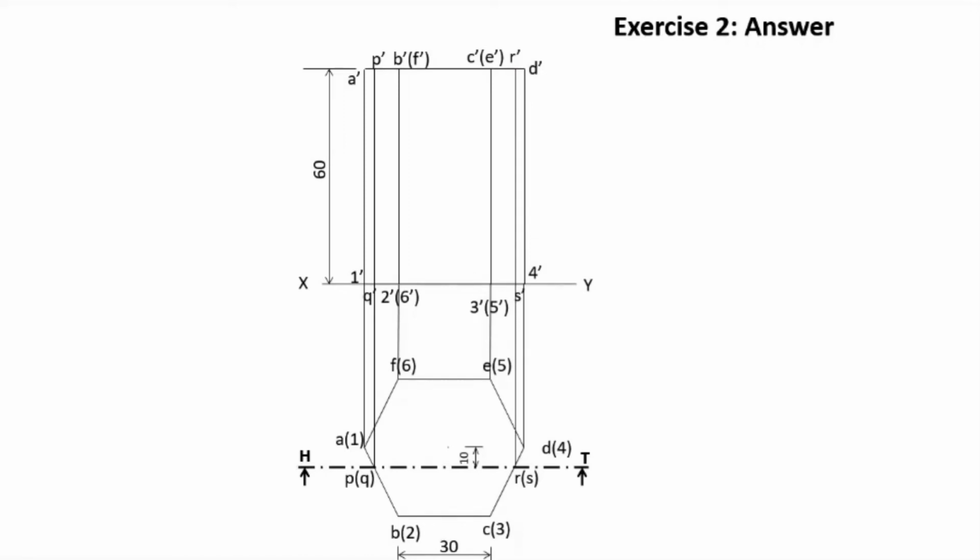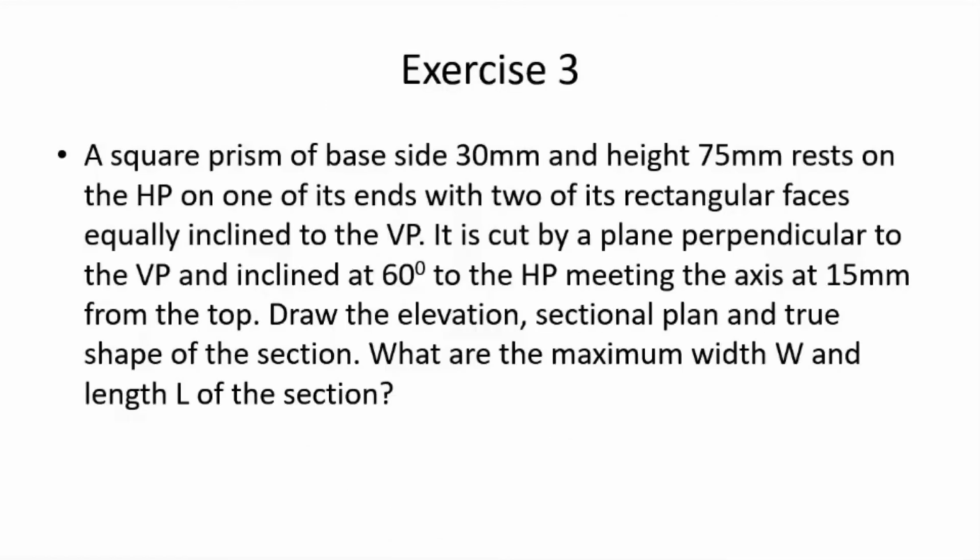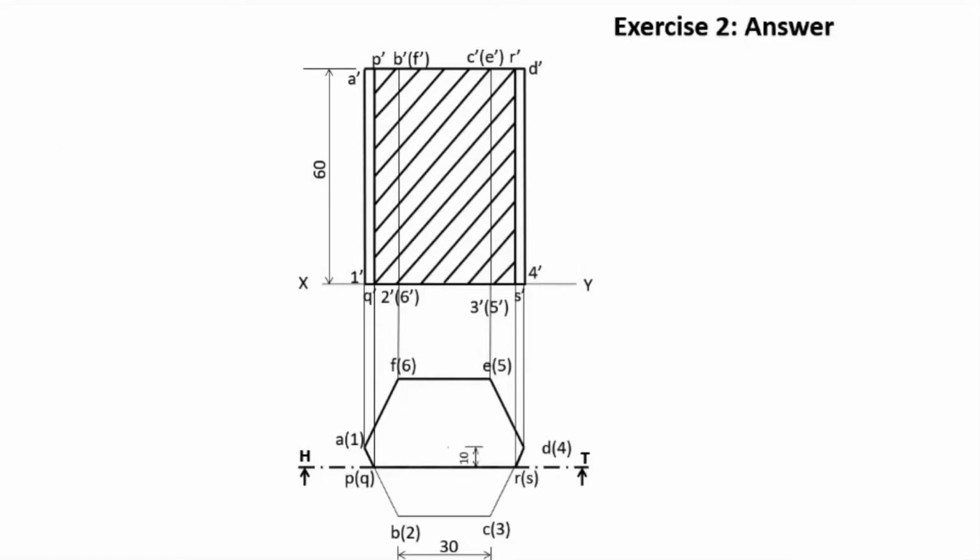So this P dash, Q dash, R dash, S dash will give you the sectioned new surface. In the top view, whatever is remaining is drawn dark. Then in the front view, whatever is remaining is also drawn dark. So this is the required front view as well as the top view.